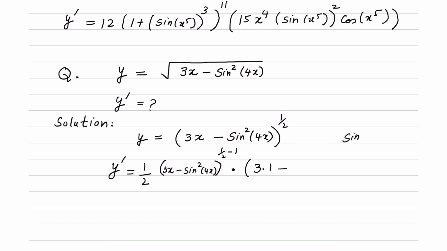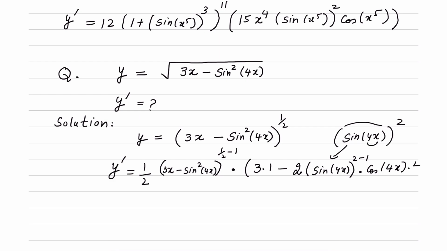Let's write sine 4x as the whole power. So its derivative by the power rule is first 2 into sine 4x to the power 2 minus 1, multiplied by the derivative of the inside term, which is cos 4x, and then the derivative of the angle, which is 4x, its derivative is 4. Let's simplify this expression.